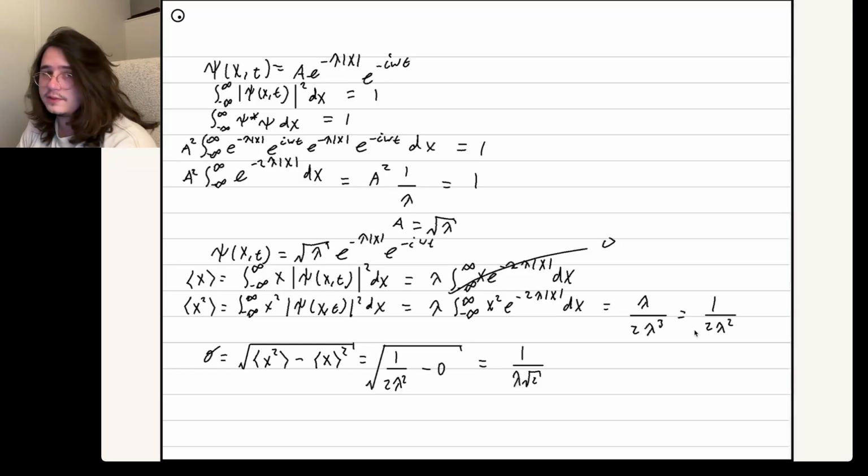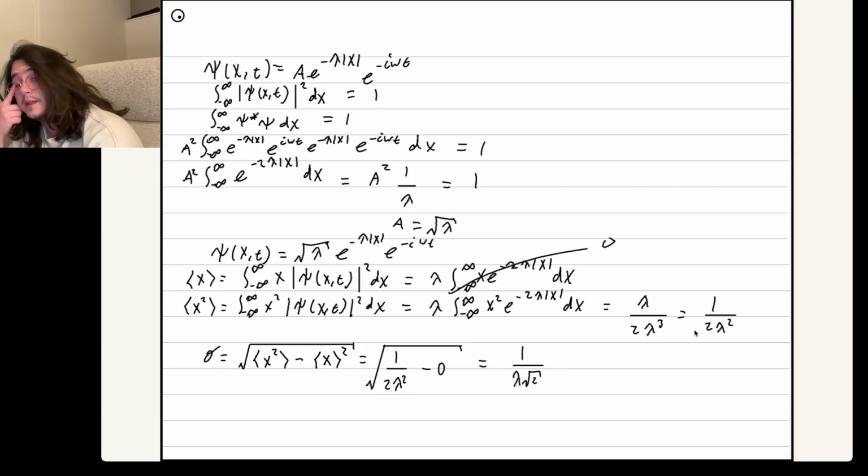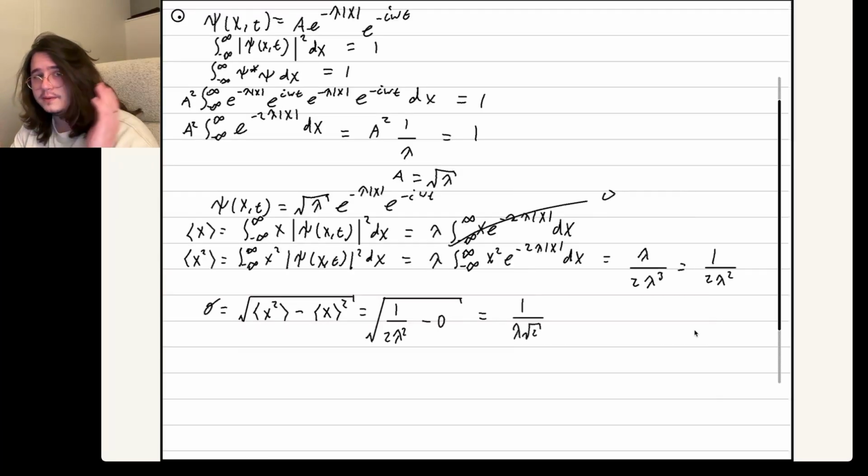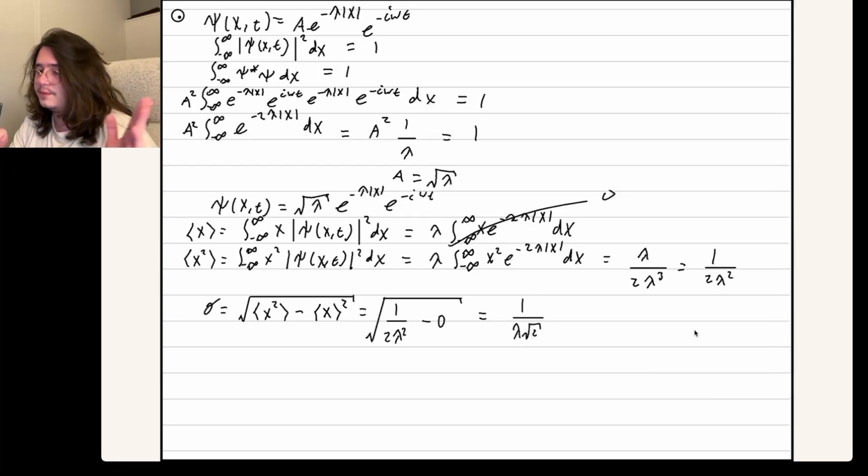Also, the problem asks for the probability that you find the particle outside of the region described by minus sigma to positive sigma. If this was a Gaussian, I could tell you right now that it would be 32%, but it's not quite a Gaussian.